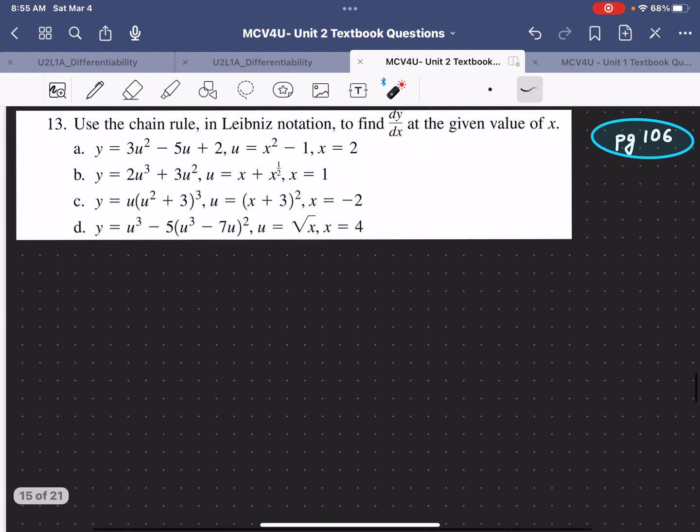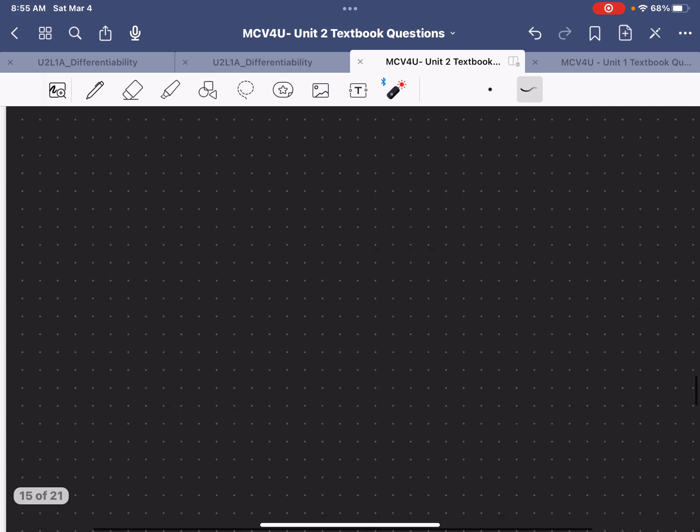Now, before we get started, I want us to take a look at a simpler example so that we understand the Leibniz notation formula for the chain rule and learn how to use it in the meantime. So I'm going to bring in here a simpler function, y equals u to the power of 1/2, where u is equal to x squared plus 3.